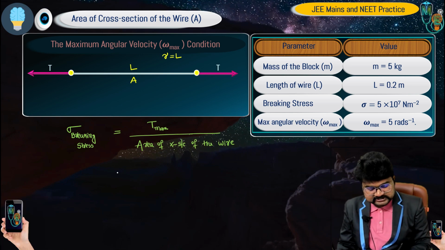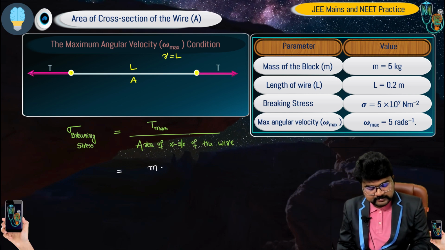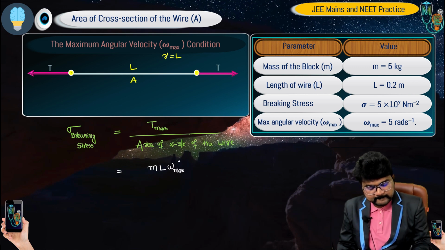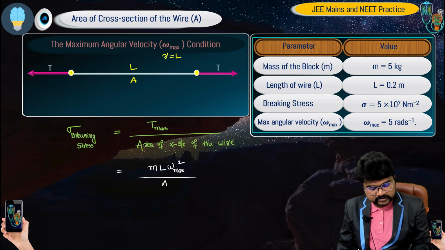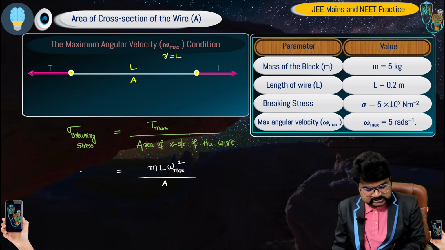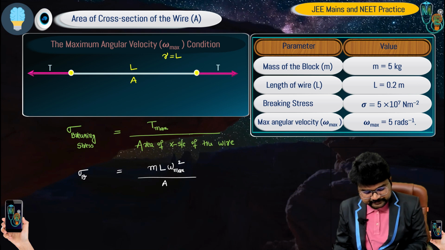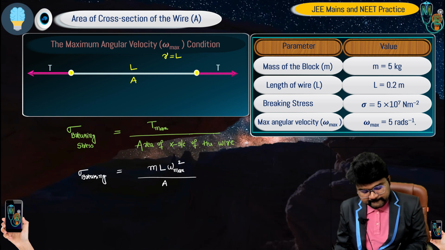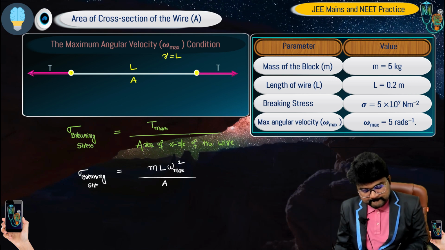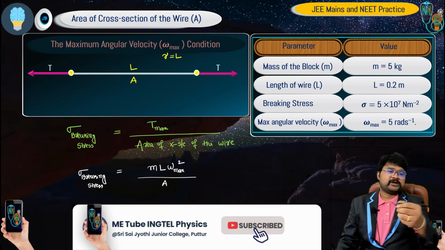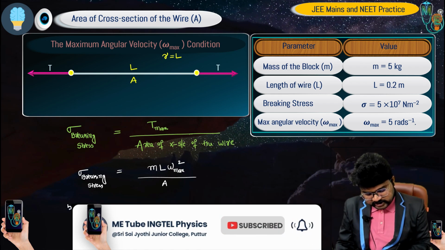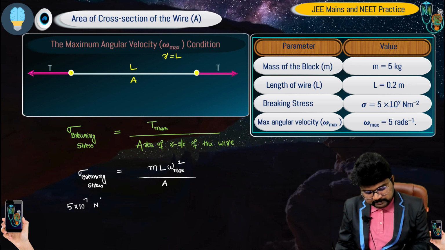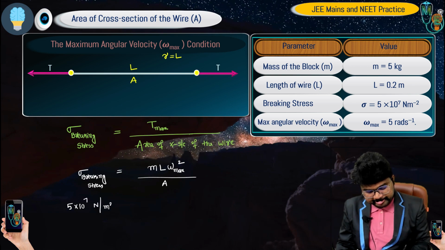What is the T maximum? m L omega maximum square by area of cross section. This is the sigma, breaking stress. Okay. Now write down the given data. 5 into 10 power 7 Newton per meter square.